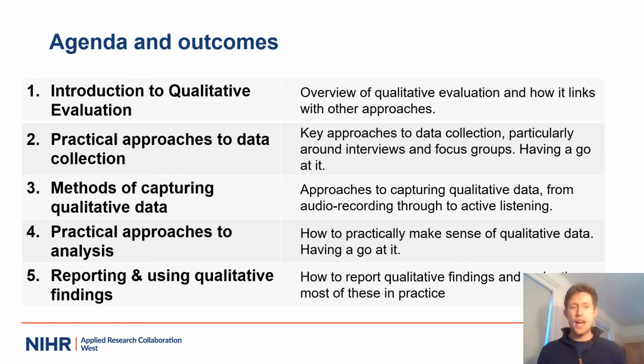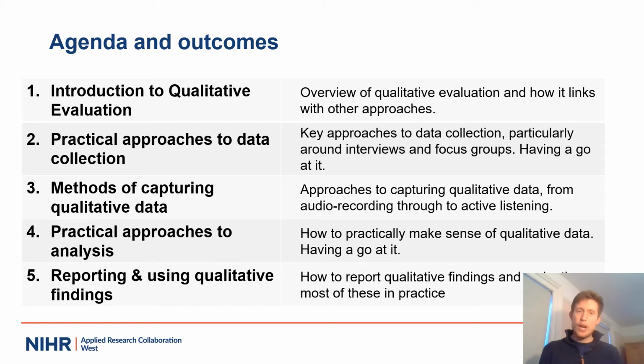And then the last section of the training is looking at the ways in which we can make the most use of all of our findings. So how can we report our qualitative findings in a way that both makes sense, they're in a format that's useful, and they're in a format that's usable. I'm sure many of you will have seen lots of evaluation reports in the past which aren't possibly best fit for purpose.